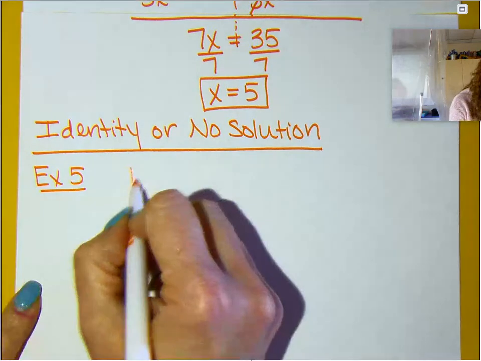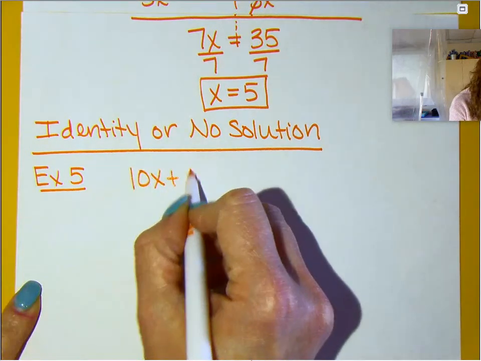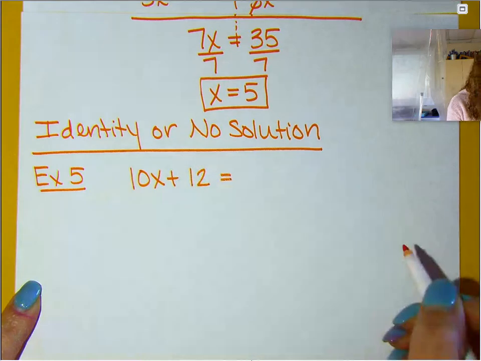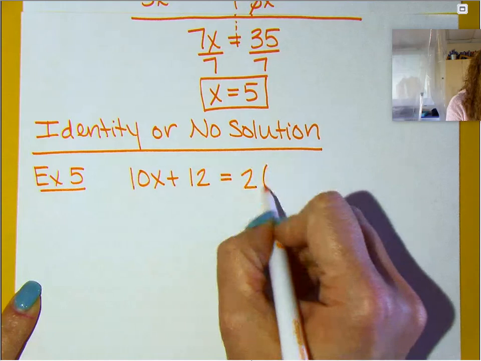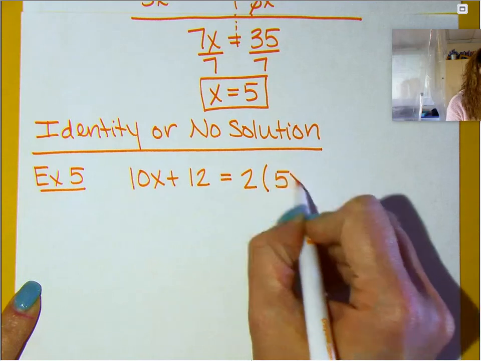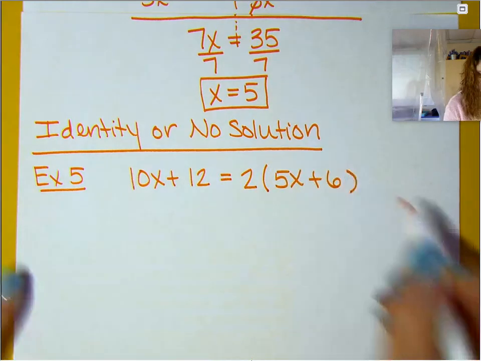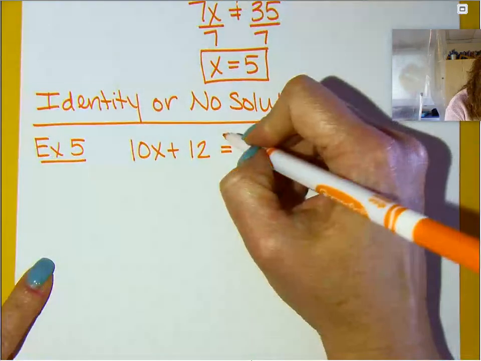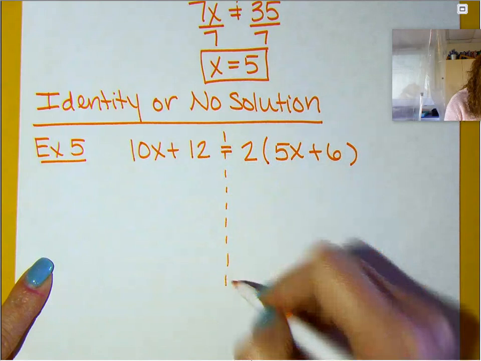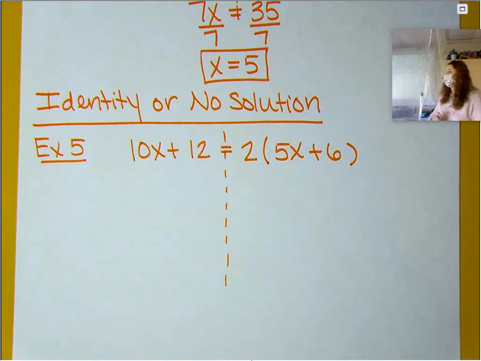So let's do 10x plus 12 is equal to 2 parentheses 5x plus 6. Okay, so what do you think we should do first?